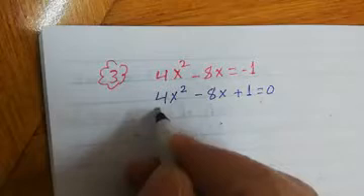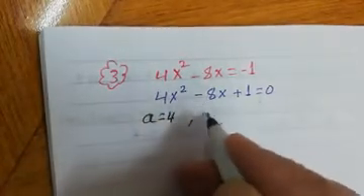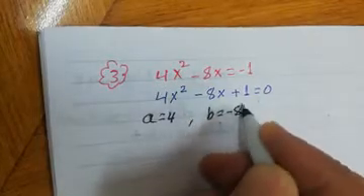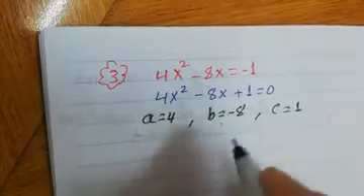Now a is 4, b is -8, and c is +1, which is 1.